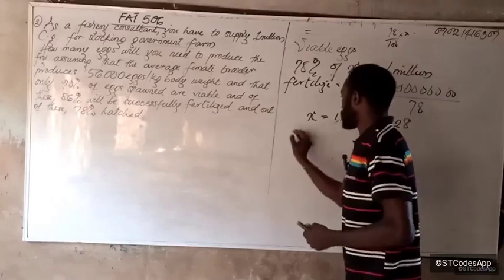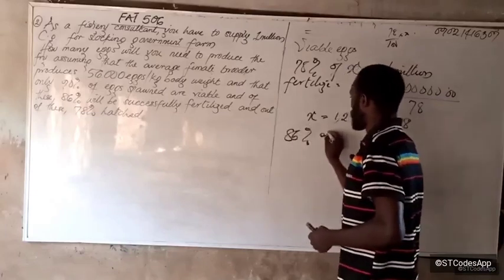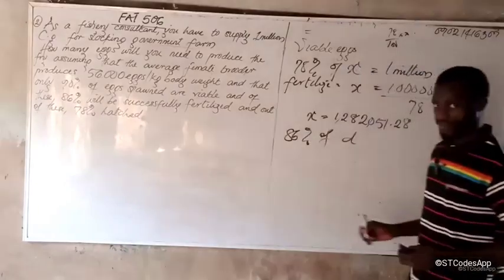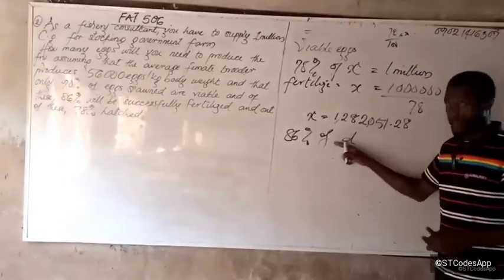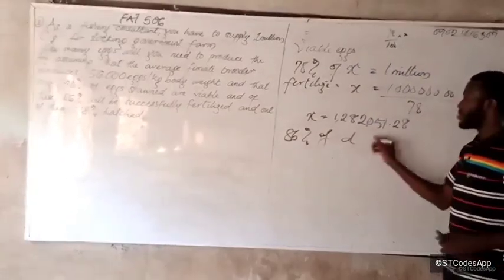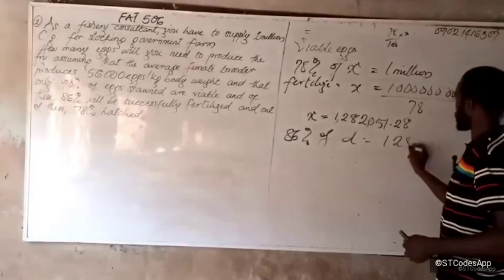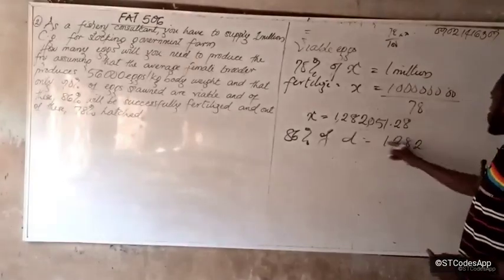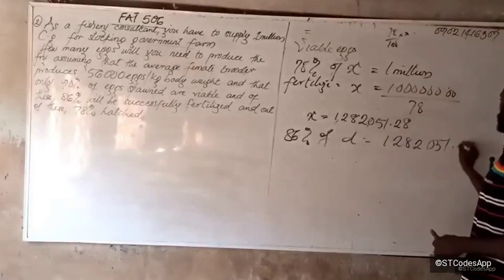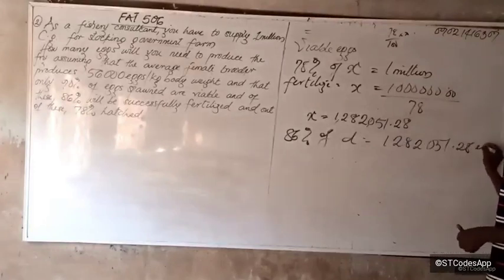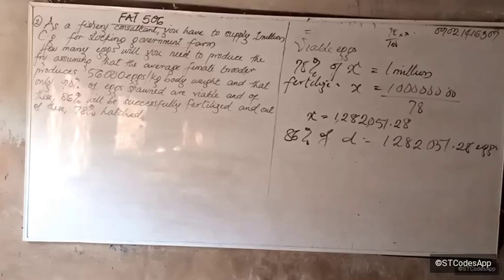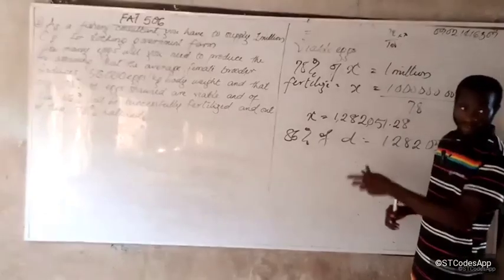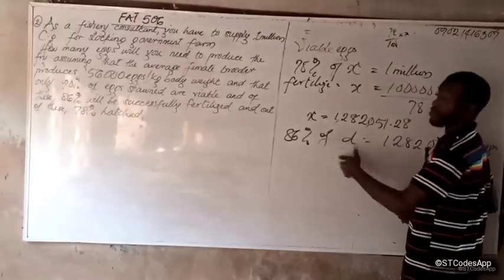So X is this. So it is 86% of a particular D, which is the number of viable eggs, the ones that can be fertilized indeed, produced 182,051.28 fertilized eggs. I hope that makes sense. Do you understand it? Because you're not following, it's simple.